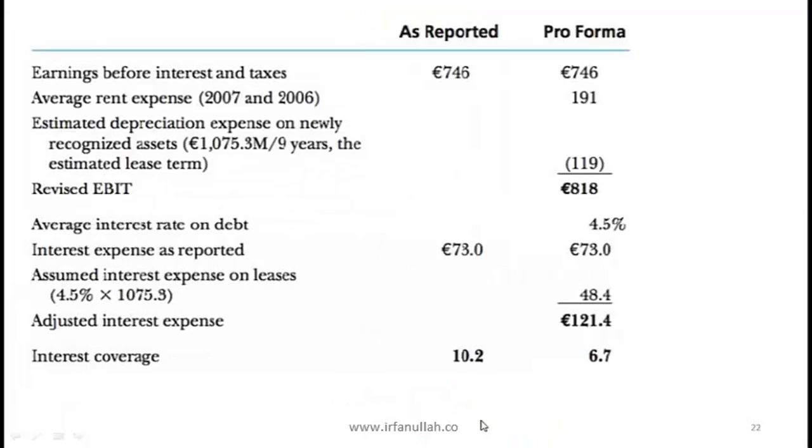Also on the earnings side for this particular case, this is the as-reported earnings. As you add back the rent expense, your EBIT goes up, and we are then subtracting the interest expense.